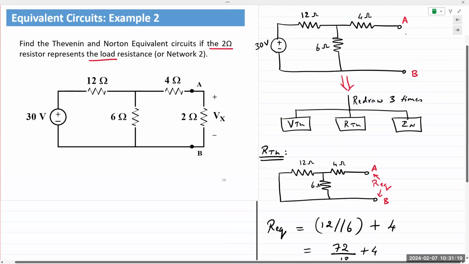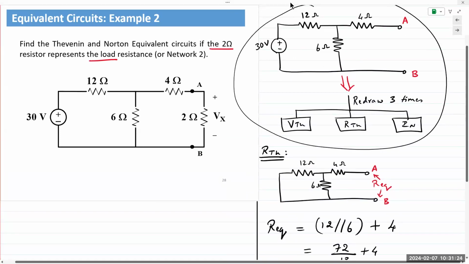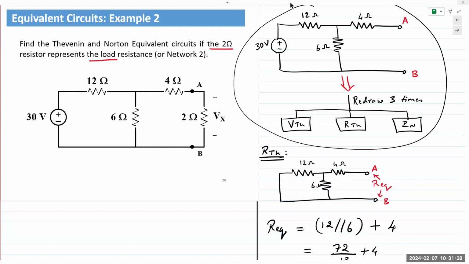Students don't have to draw this. The question being asked is about the voltage source and the 2-ohm resistor. This is for explanation purposes. Students do not have to draw this when they are presenting their work. So students understand not to take the 2-ohm resistance into account.